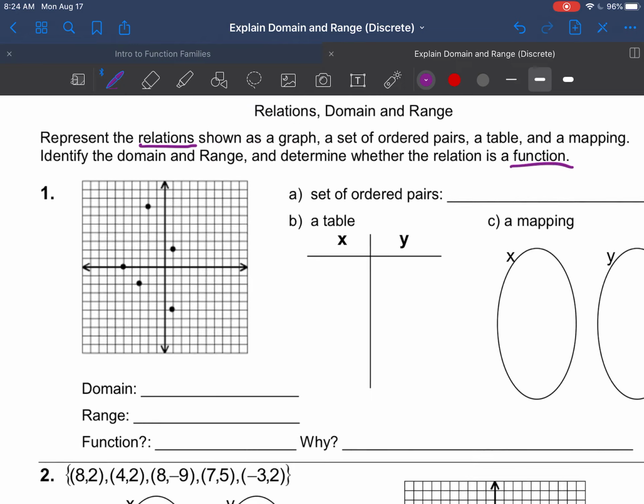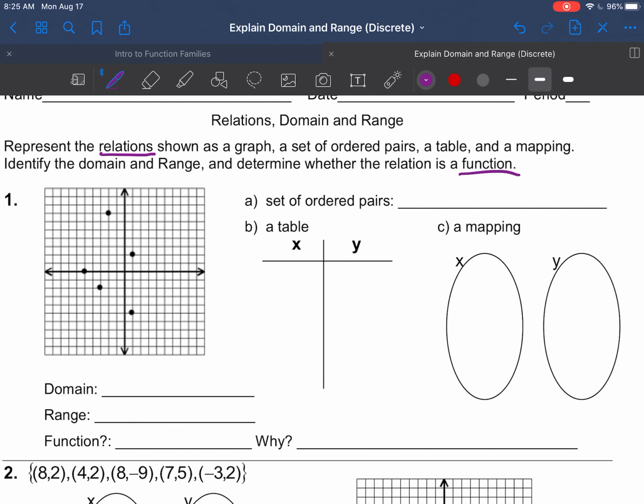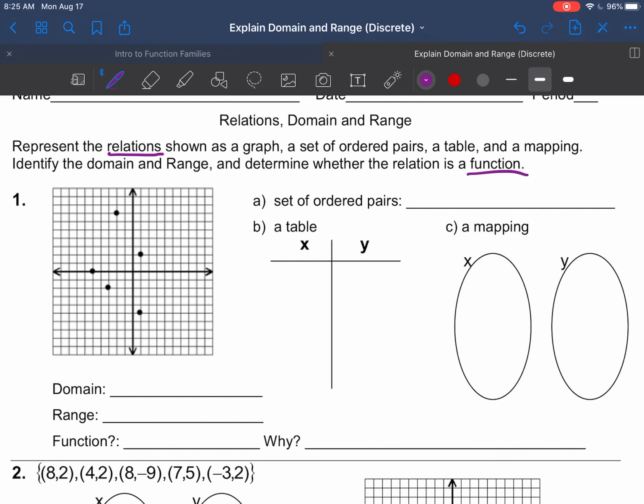Okay, and so here we're starting with a graph, and this is called a discrete graph because the points are isolated, they are disconnected. And so we just have distinct points. If we were to write the ordered pairs, I'm going to go ahead and label them on the graph. Here we have -5, 0.